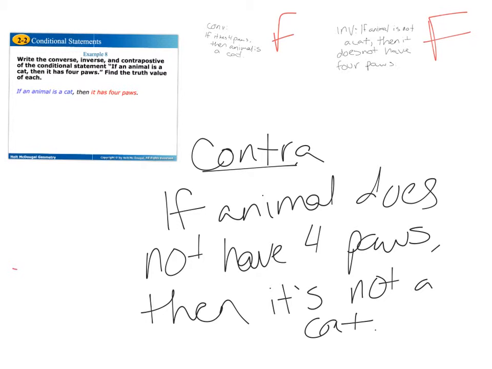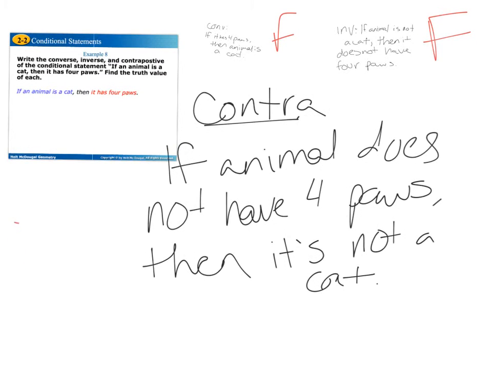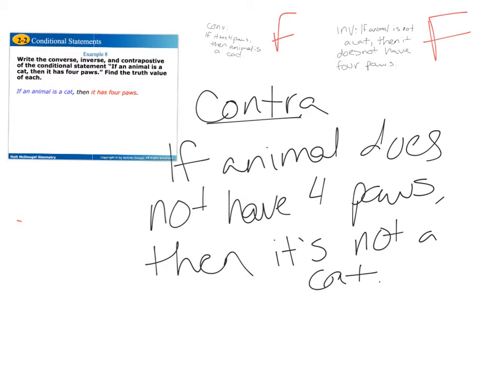Now, this one can get kind of confusing because you may say this is false too, but this one is going to be true. Because if an animal does not have 4 paws, then there's no chance that it can be a cat at all. It doesn't say that it has to be a cat, it just says that it's not a cat. So if it doesn't have 4 paws, then you can eliminate cats from that category.